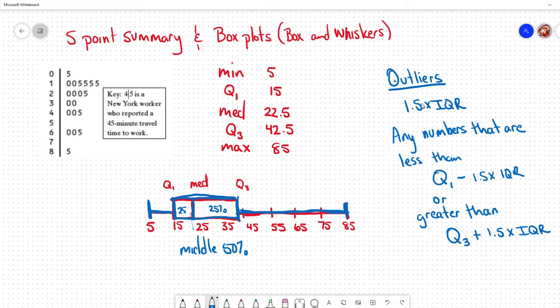So that is our concrete, our quantitative or objective way of measuring an outlier.